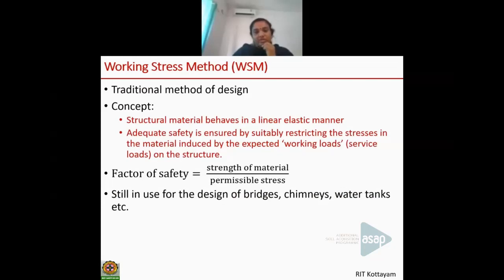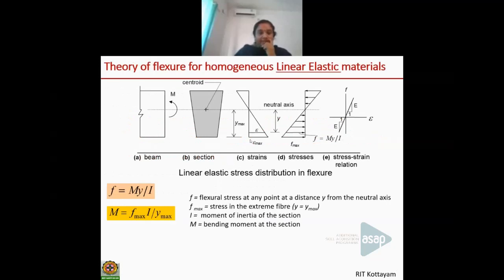On the theory of flexure for homogeneous linear materials, you know that a beam section is subjected to pure bending. So you will have stresses and strains developed, and there will be a neutral axis where the strains are zero. Below the neutral axis there is tension, above the neutral axis there is compression.